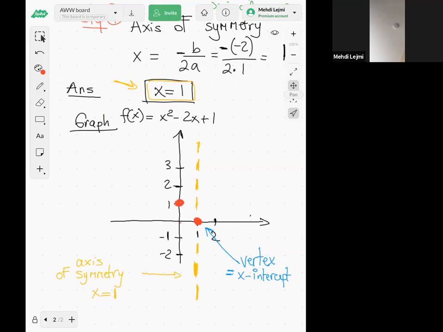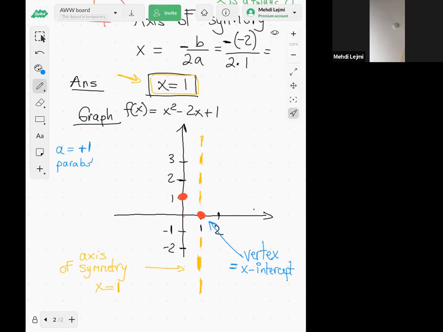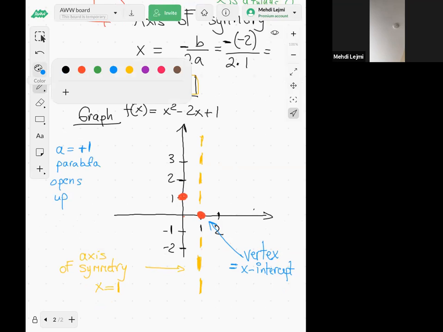Now, guys, this f of x is x squared minus 2x plus 1. So the a here is positive 1, right? If a is positive, then the parabola opens up.